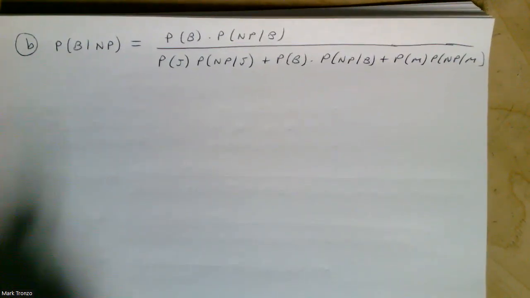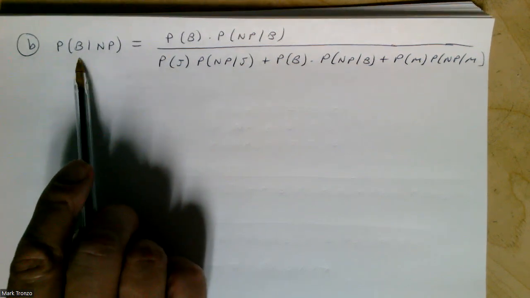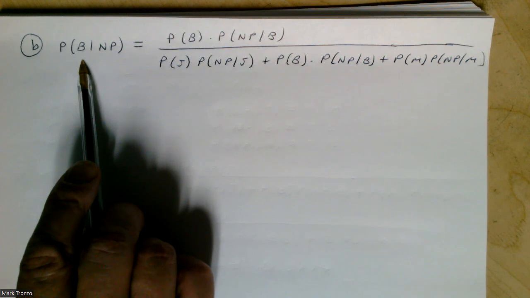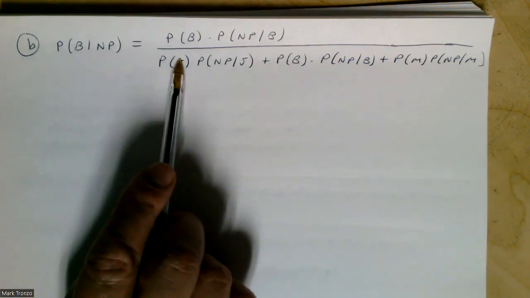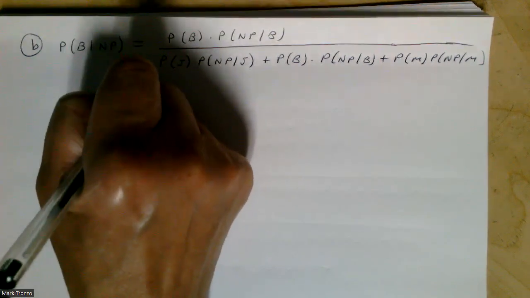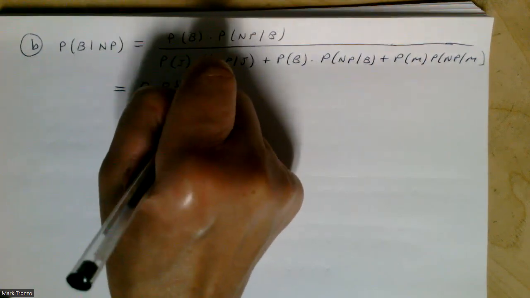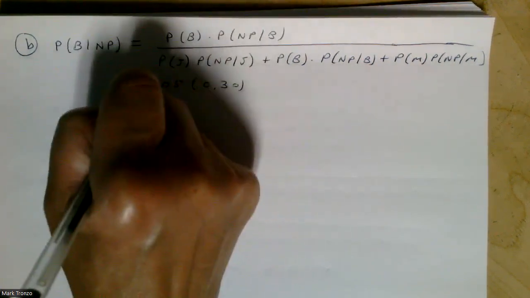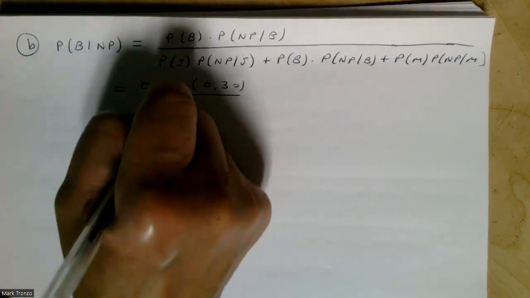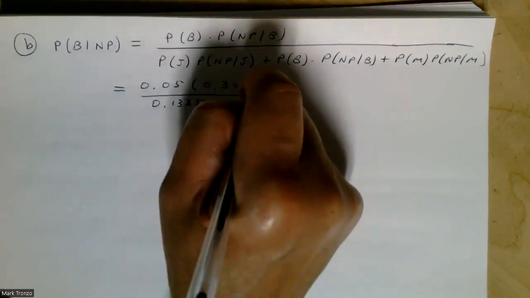Sorry about that. So for part B, what's the probability it came from Benson's farm, given that it was not pasteurized? And so once again, at the top, we're going to have 0.05 times 0.30. And again, like I said, we already calculated the denominator, which was the same.